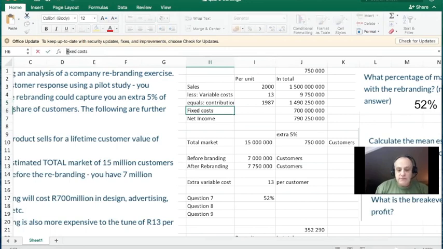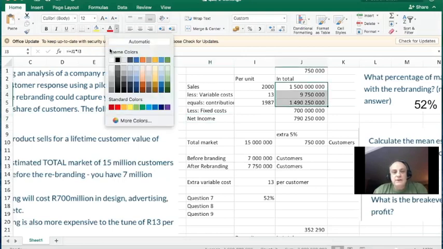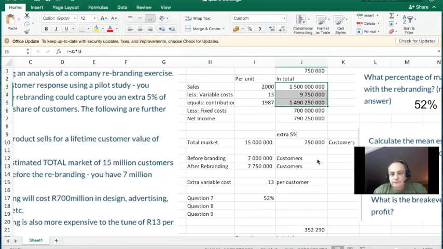Equals my contribution, less the fixed costs, is net income. If any of you haven't done this exercise before, a nice little grid to use makes it simple. And I've put that in the contribution, and these things over here, I don't actually know yet.